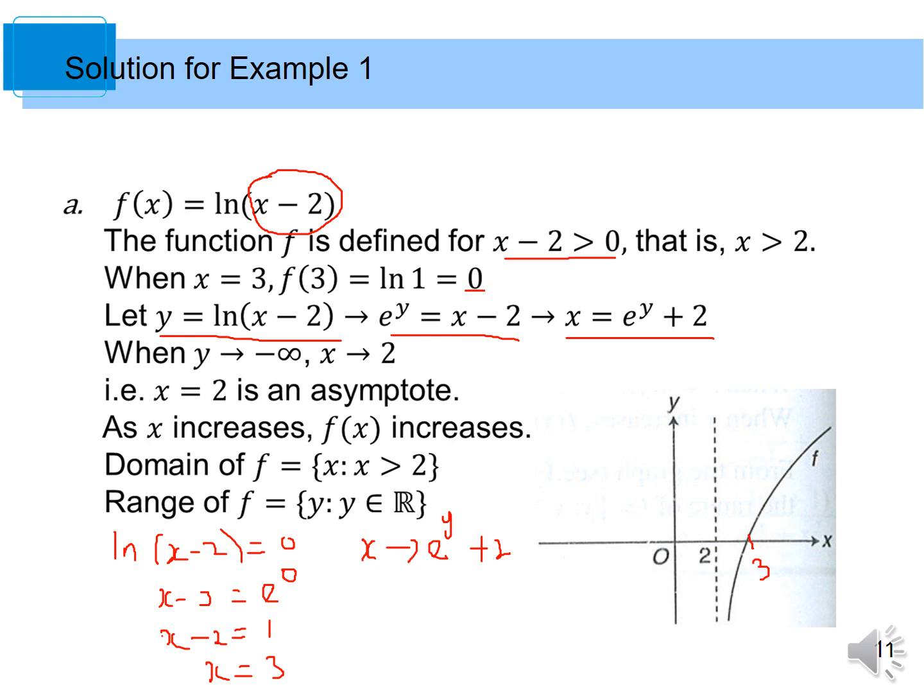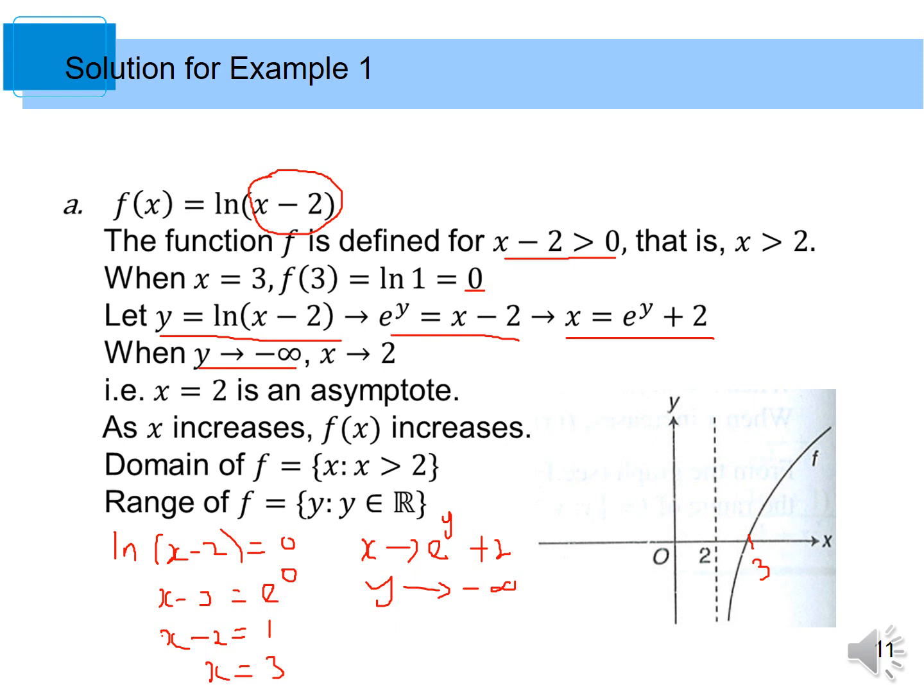After that, when y tends to negative infinity, what do you understand about this? y is our curve. When the curve continues going down, is there a barrier?